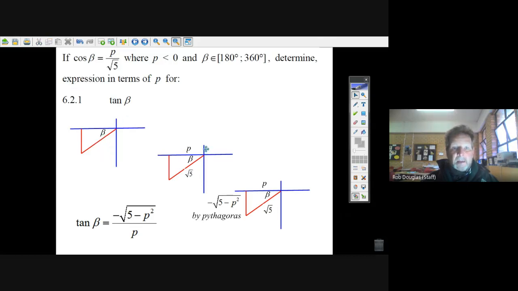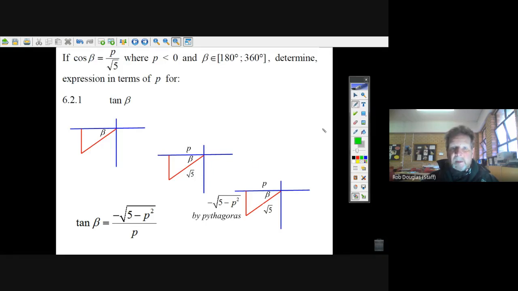The second step, we write in p on the adjacent side, because cosine is adjacent over hypotenuse, and we write root 5 on the hypotenuse side. Okay, now this picture is starting to develop. Only problem is we don't know this side here. It's some negative number, we know, because we're going down, but we don't know what it is.